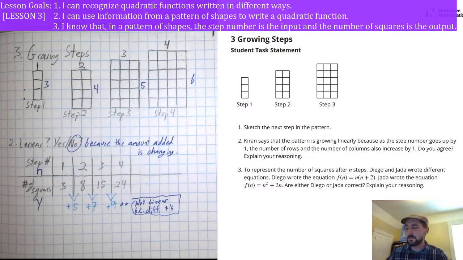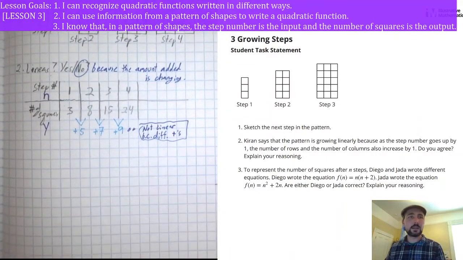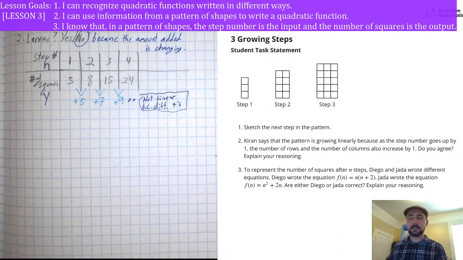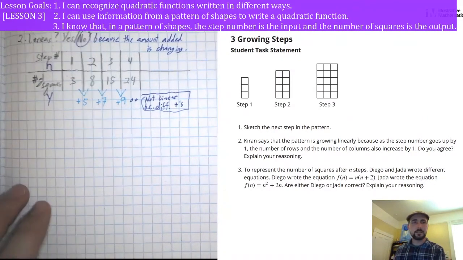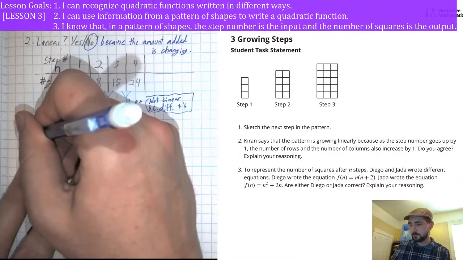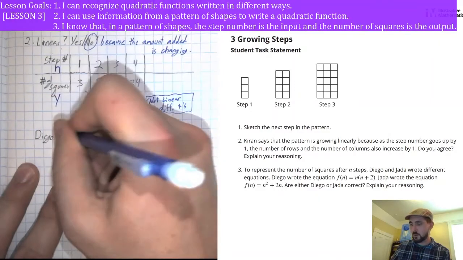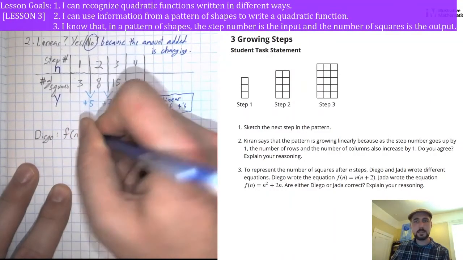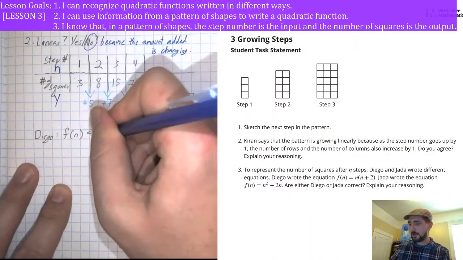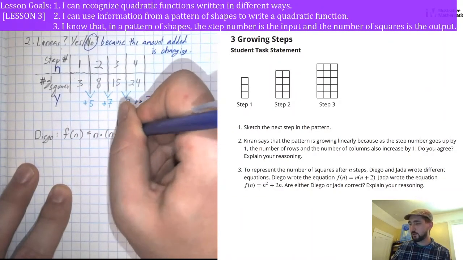Okay, welcome back. So let's scroll up, because this is going to take some space. So let's look at what Diego wrote first. Diego wrote f of n equals n times n plus 2.